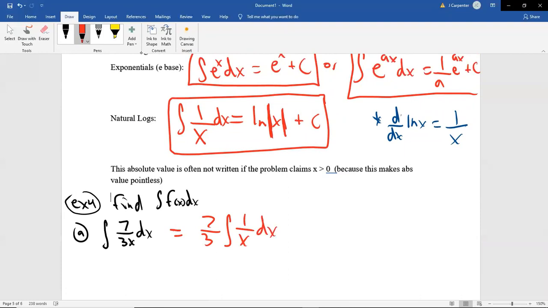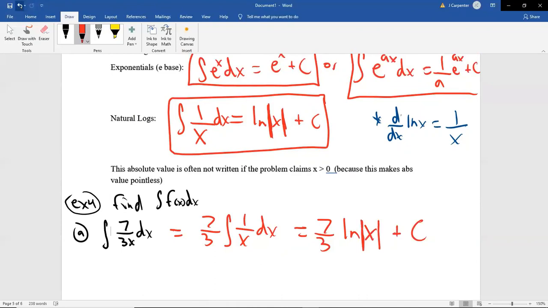Now, I never said anywhere x is positive, so I need the absolute value. The 7/3 just stays there. This integral would be the natural log part. So times the natural log, and if I do this, it's wrong. I'm missing the c. I've got to have my constant. And even if I do this, it's wrong, because once again, I never said x is positive, so we need the absolute value.